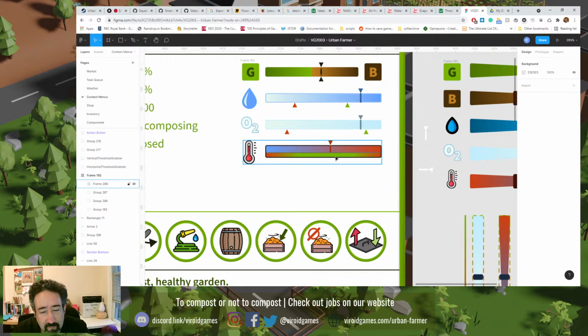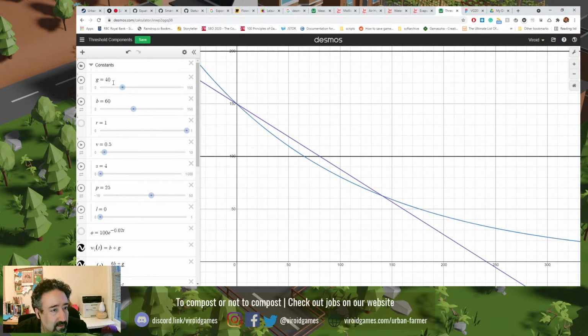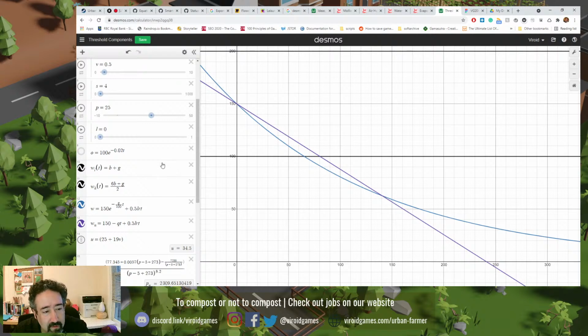You want to be in the safe green zone. So when you have some material, green and brown, such as 40 liters of green and 60 liters of brown, you need some amount of water. If you are not adding more water, then the water will evaporate.